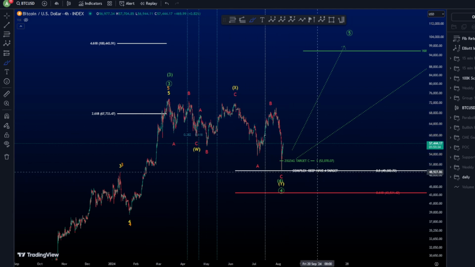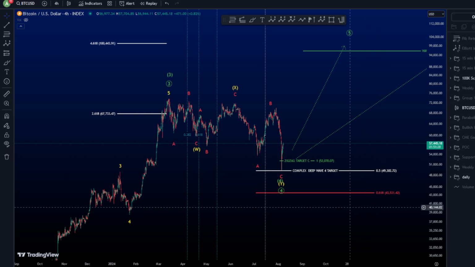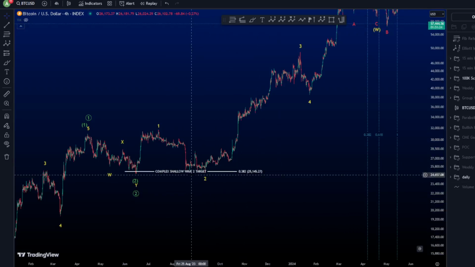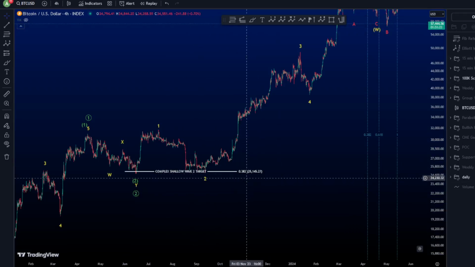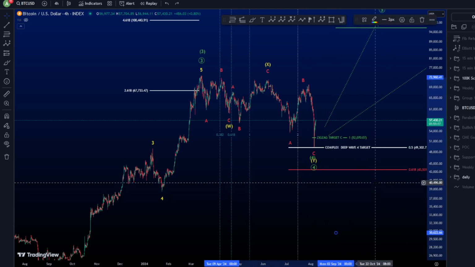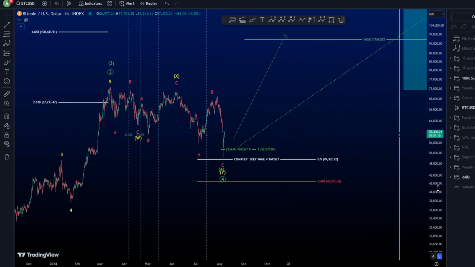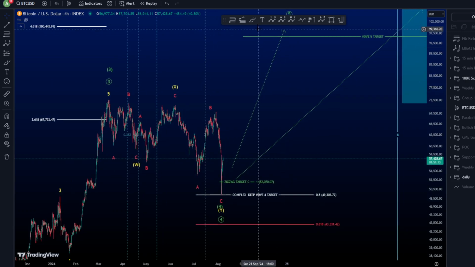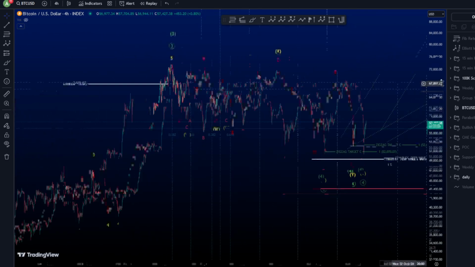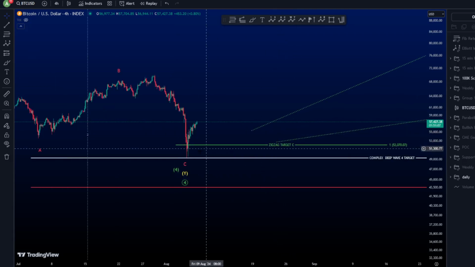And this is the most common target for a wave 4 to hit the 0.5 when we have a shallow wave 2 hitting only the 0.38. And what we are looking for actually is a wave 5 towards the upside.